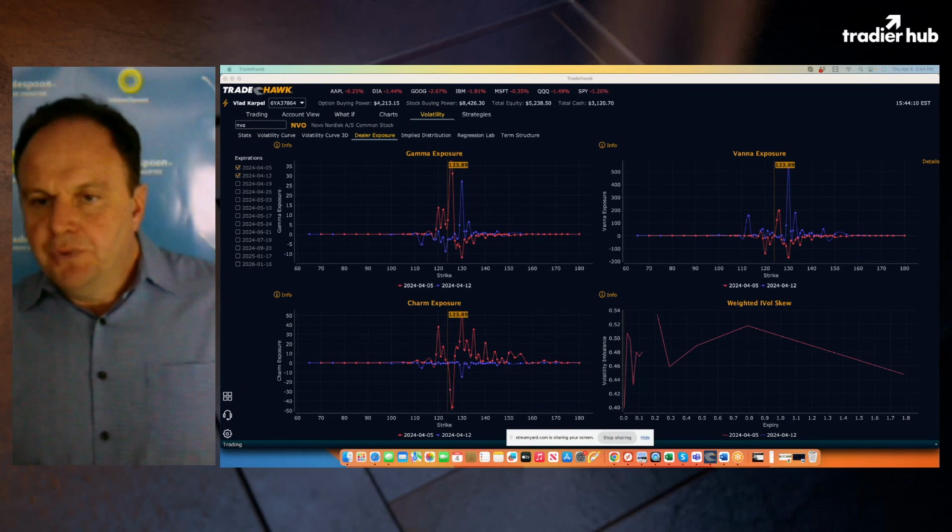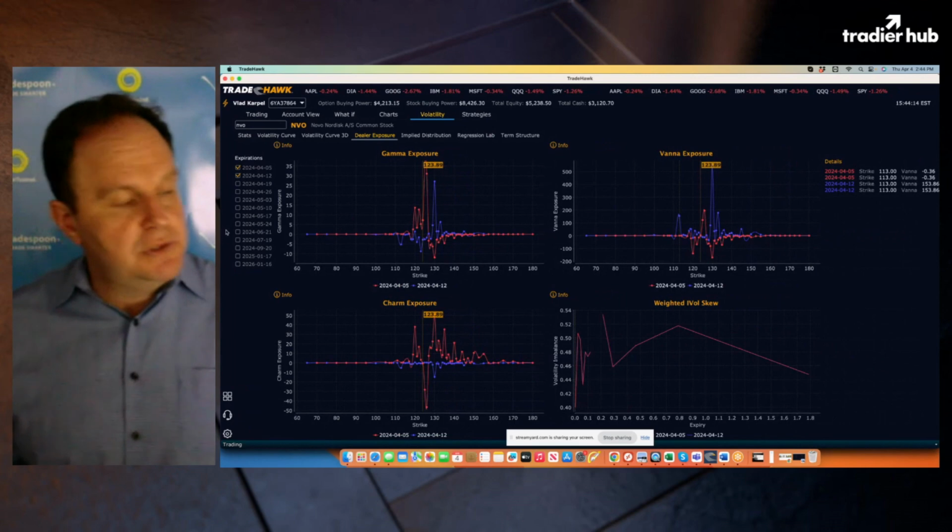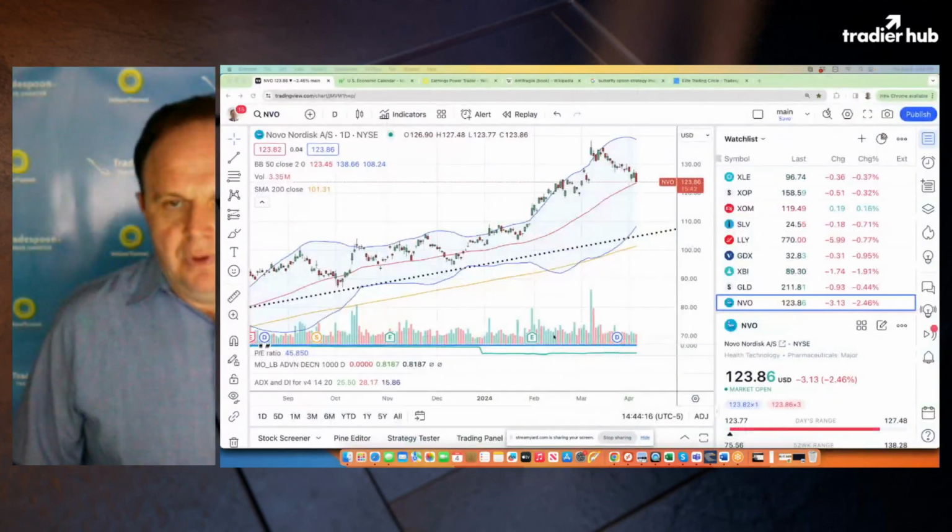So there's not a lot of put buying up until the 113 strike. But it has reached 123.